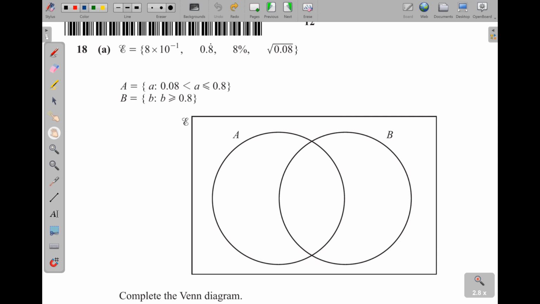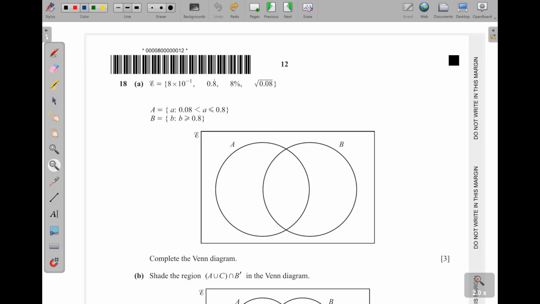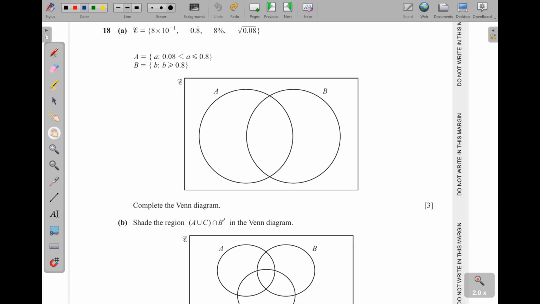Then, what else are they saying here? So we have 8%, then the square root of 0.08. Then you're saying that A is the set whereby A ranges between 0.08 and 0.8, and then B is greater than or equal to 0.8.